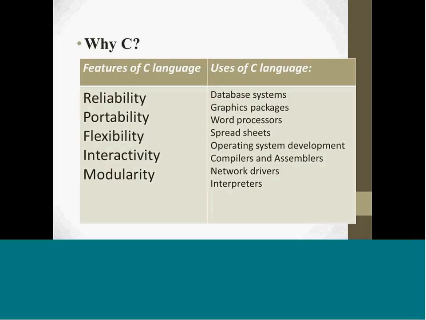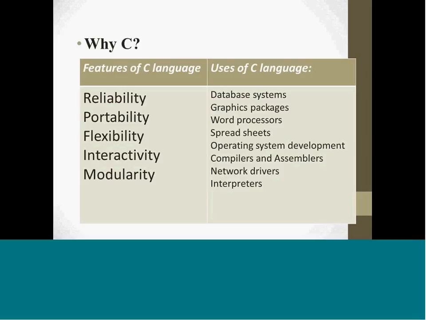So here's the question: why do we want to use this language? What are the benefits? C has been successfully used for every type of programming problem, and the language was initially used for developing operating systems.